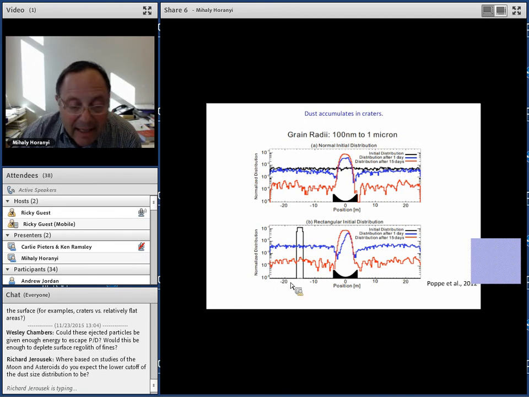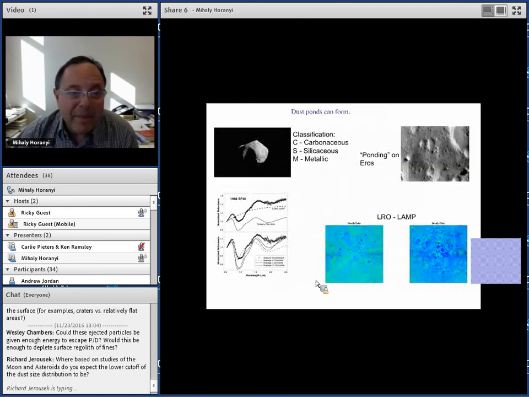The black line on the top shows a huge pileup of dust on the left side of the crater. Soon enough, they will all end up at the bottom of the crater. So maybe this is related to piling up and giving you these dust ponds, the flat parts of nicely uniformly distributed fine dust at the bottom of the craters.